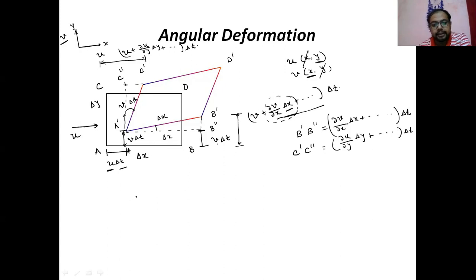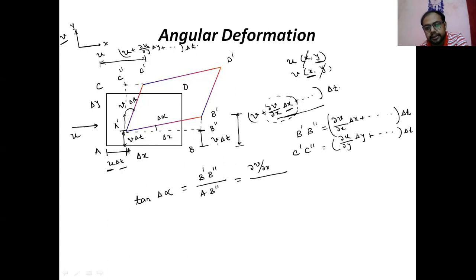Now if you take tan del alpha, it will give you, in this triangle, B dash B double dash by A B double dash. A B double dash is nearly equal to del x; we are not going into such changes.